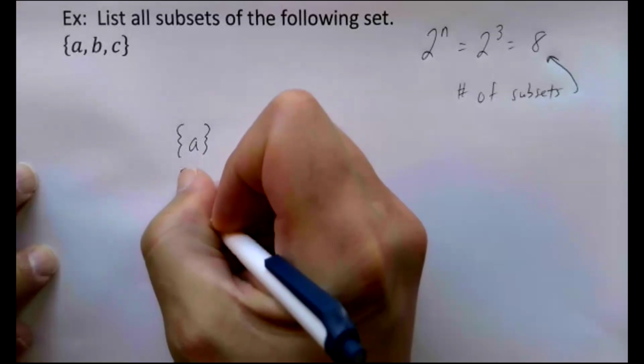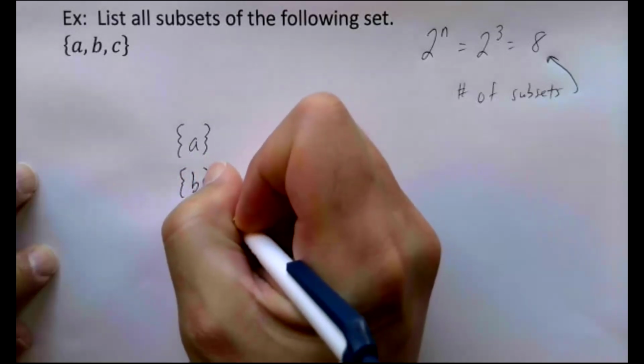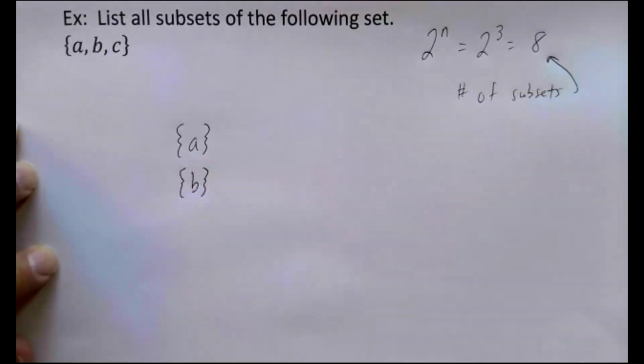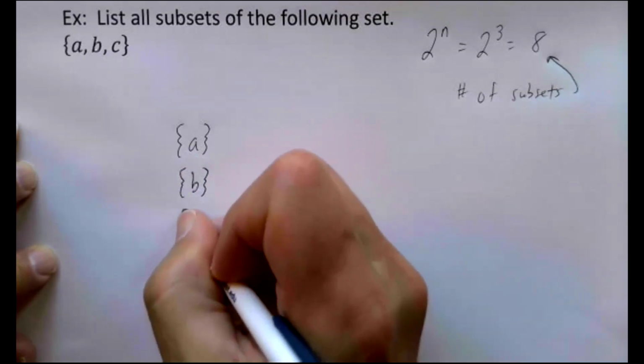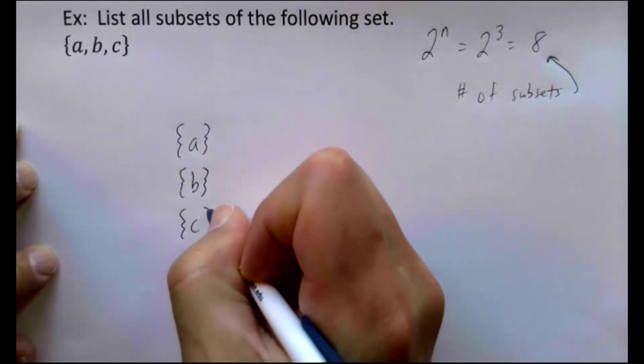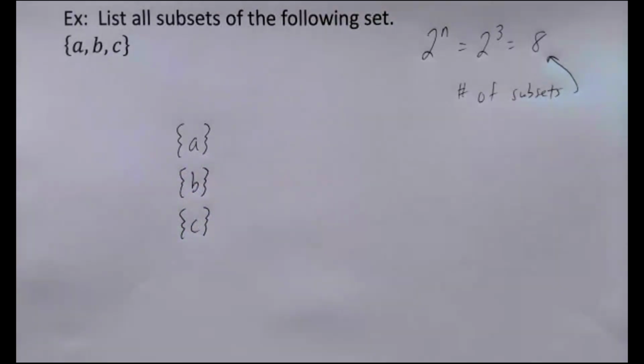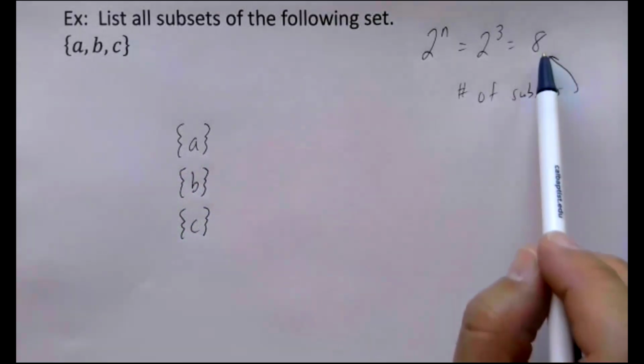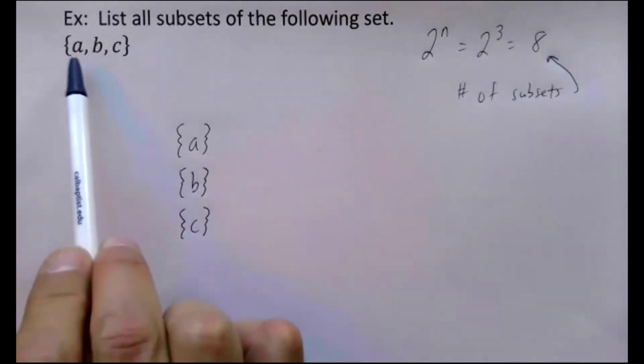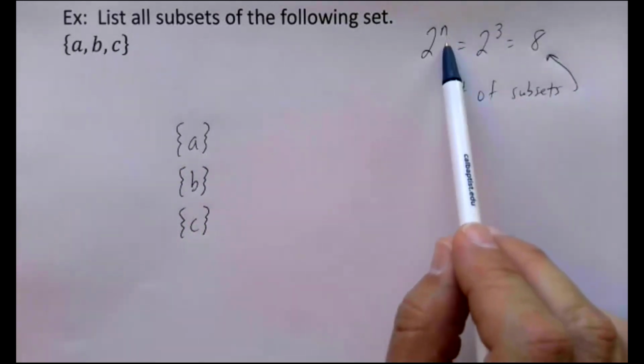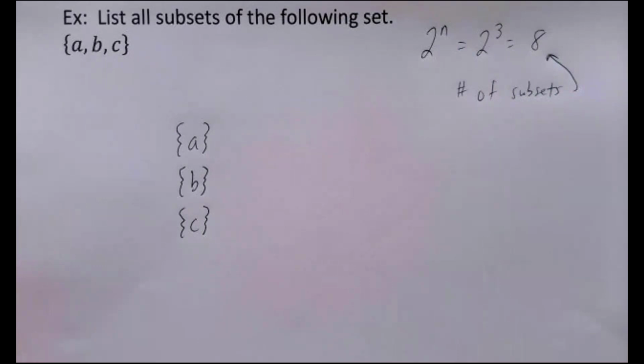And now that you see that, here's another one. That's another subset of the original. Here's another one. So far I have 3 of the 8. We know there's going to be 8 because 2 to the power of 3 equals 8. There's 3 elements. Here's the formula for number of subsets. 2 times 2 times 2 equals 8. I need some more though.